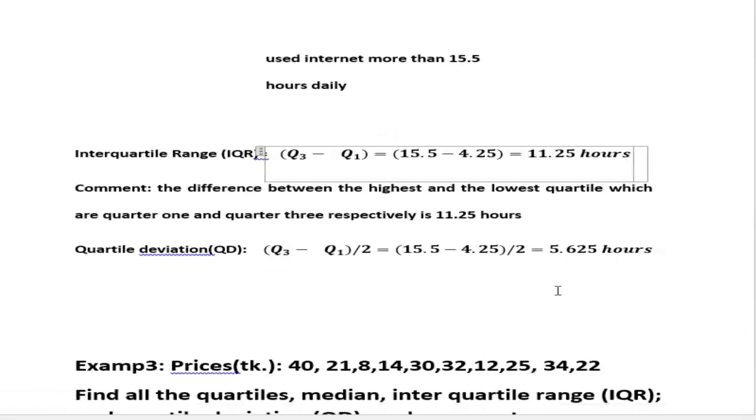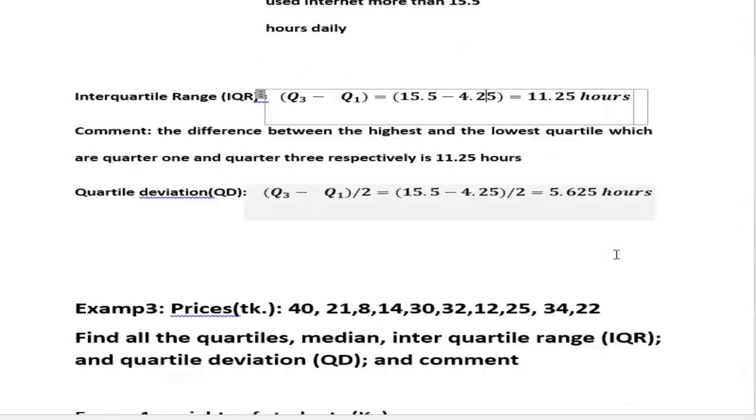Similarly, we can calculate the quartile deviation, that is Q3 minus Q1 divided by 2, which will be 5.625 hours. So this is the way to calculate the quartiles. Then from the quartiles, we can calculate the interquartile range and the quartile deviation.